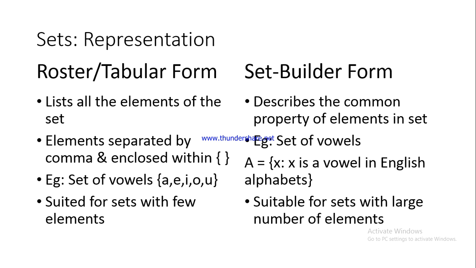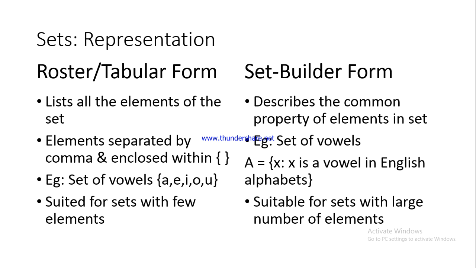Now naturally this particular form is going to be useful when you have a set with a very large number of elements. For example, let's take the example of the set of all the odd numbers: 1, 3, 5, 7, 9, 11, and so on and so forth till infinity.